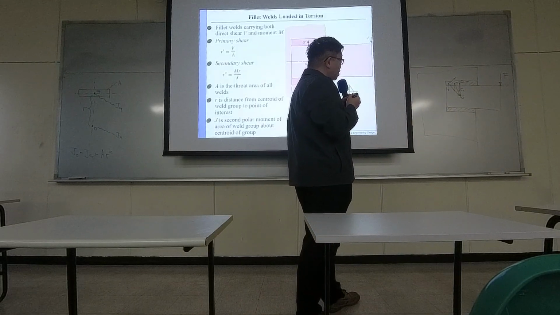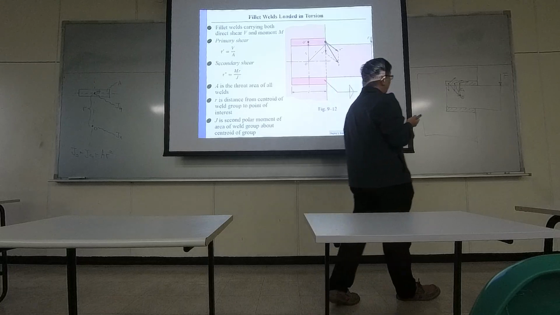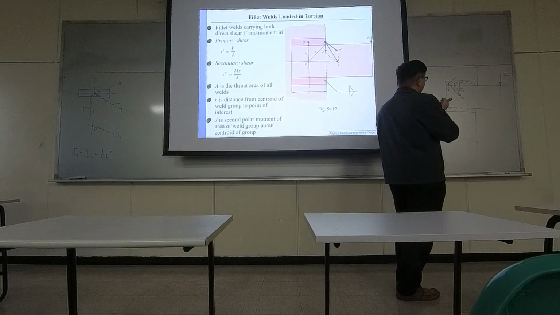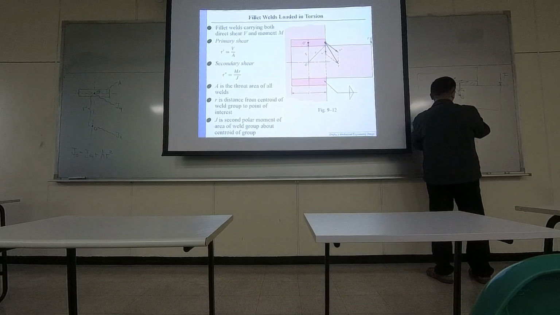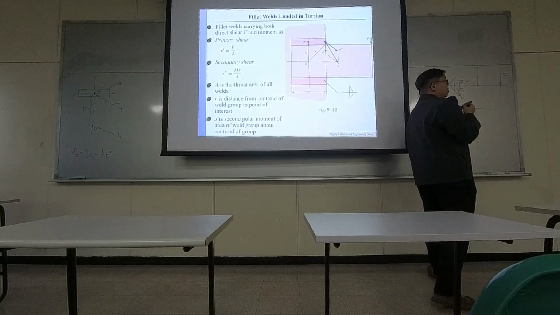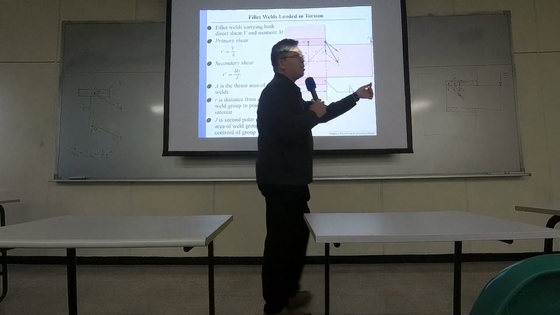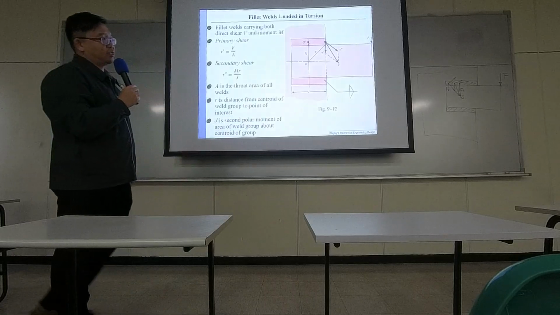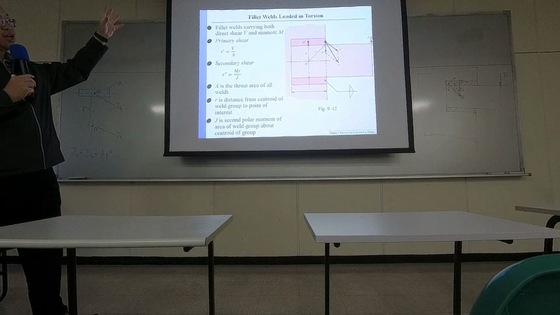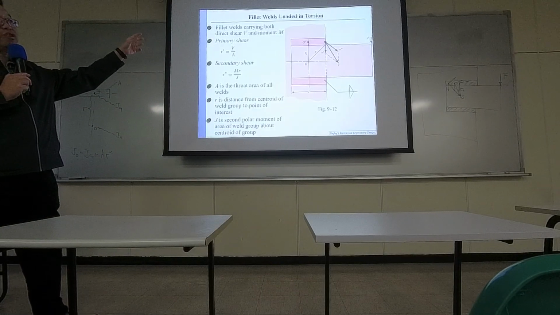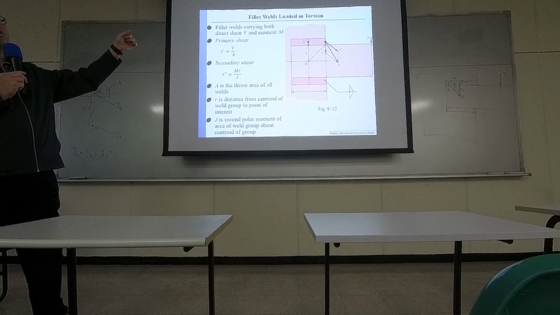So in this particular chapter, what we care about is which point is carrying the most shearing stress. That is going to be the critical point. And if our welding material is going to fail, that particular point is going to fail first.